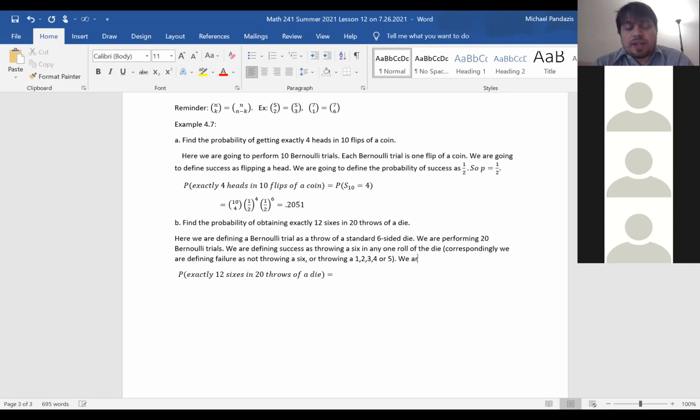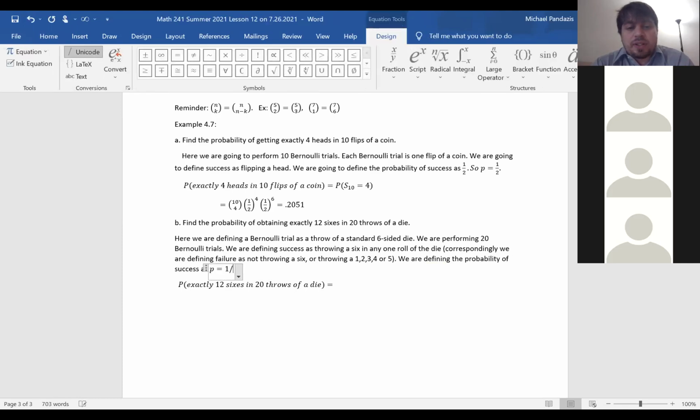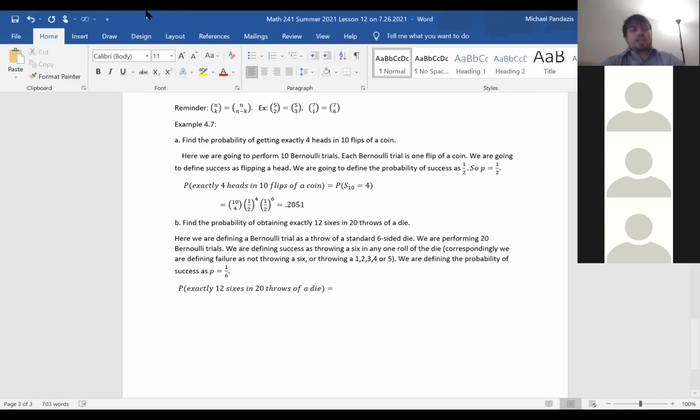We are defining the probability of success as P equaling 1/6, because there are 6 dice rolls, each equally likely to occur, and we're saying success is rolling a 6. So that's 1 out of 6, the probability of rolling a 6.